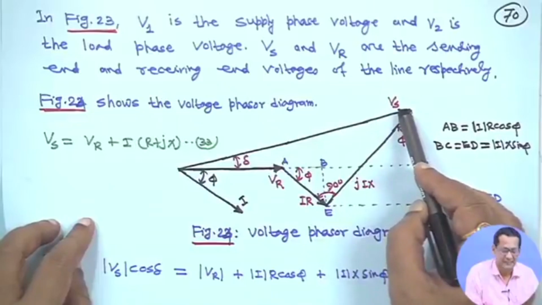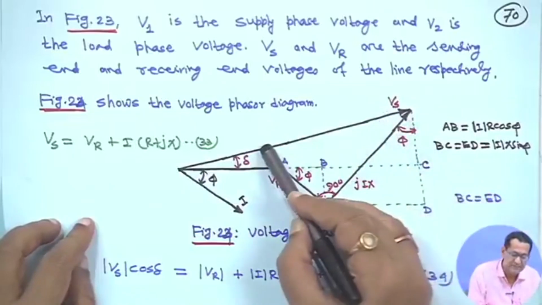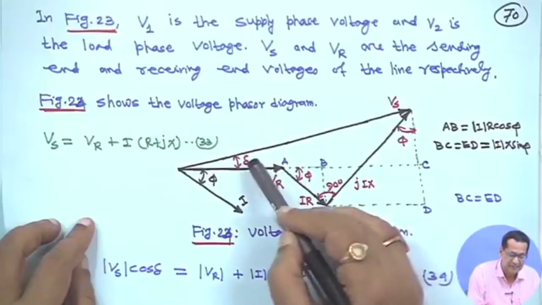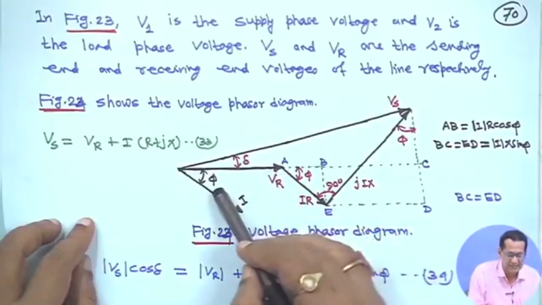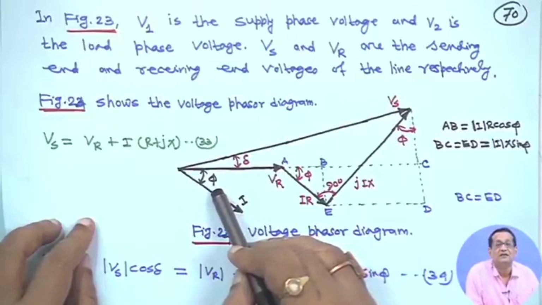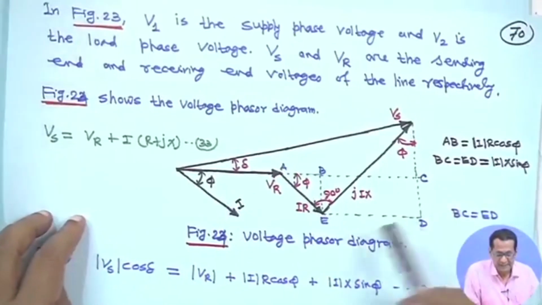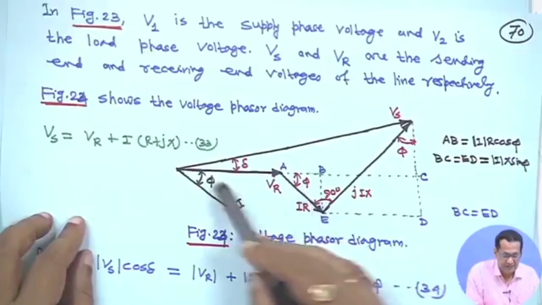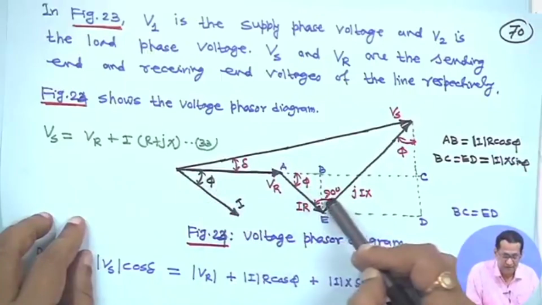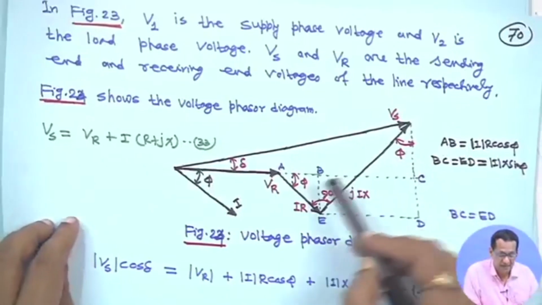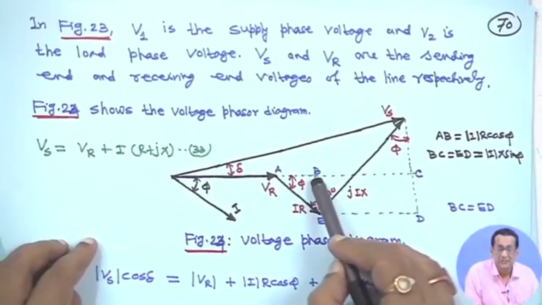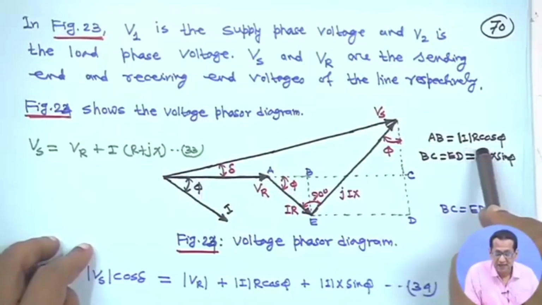This is the sending end voltage, and the angle between the sending end voltage and receiving end voltage is delta, and current I lags the receiving end voltage by an angle phi, right. So, this is angle phi, this angle is 90°, and this angle is also phi, right. Therefore, this portion AB is equal to magnitude I R cos phi.